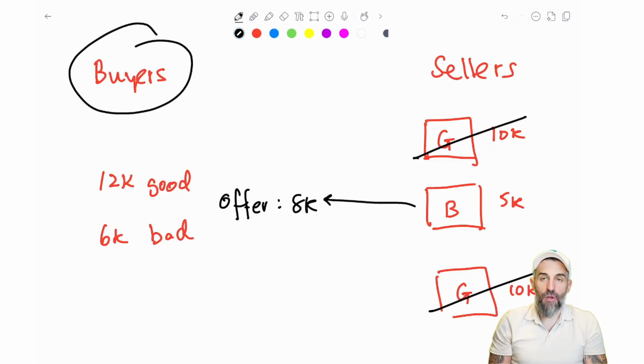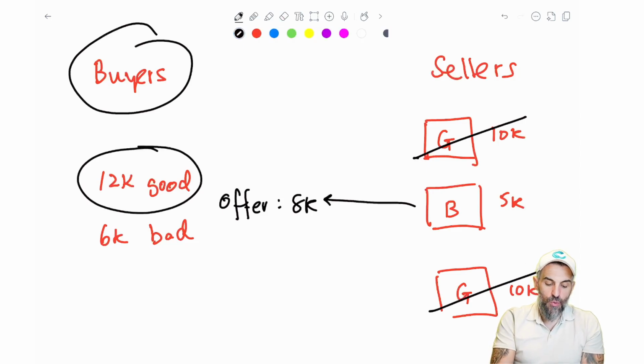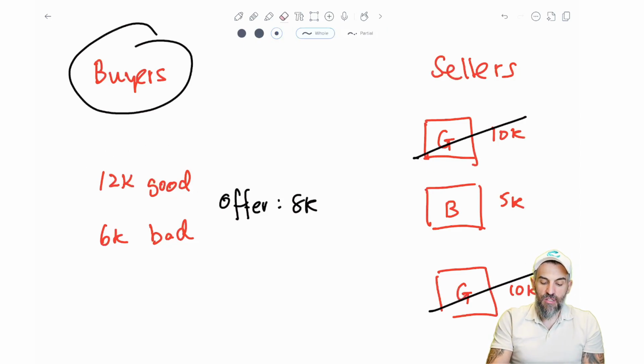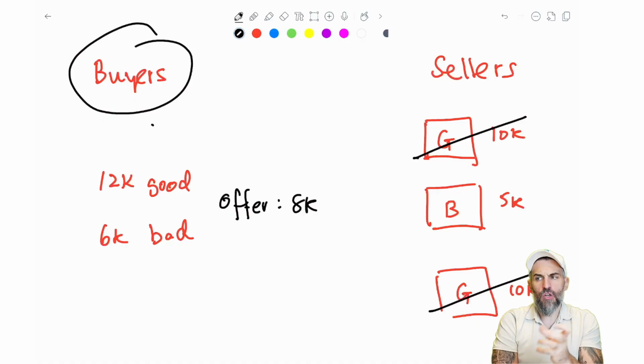They're going to give you the bad one. Why? Because they're not willing to sell the good car for $10,000. Now, had you known which car was good, right, you would have offered 12. And see, this is the problem of adverse selection. Because the buyer doesn't know which car is the good or the bad, they end up with the bad one. We say that the lemons, the bad cars, drive the good cars out of the market.